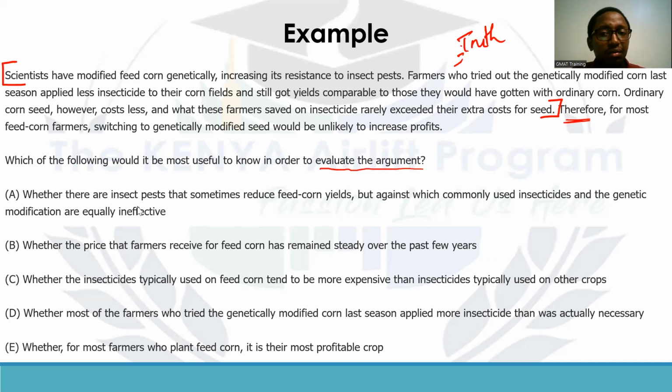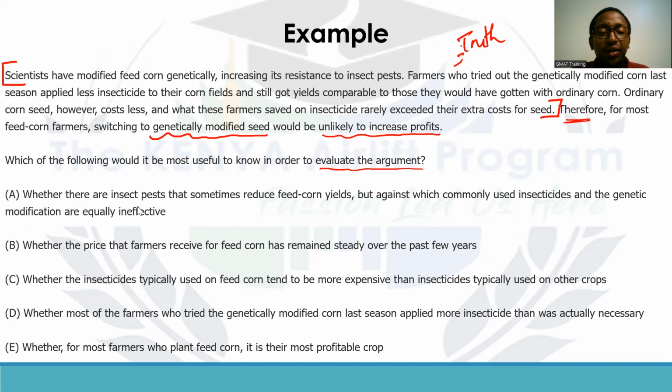which is basically talking of switching to the genetically modified seeds will not increase profits, or is not likely to increase profits. Remember to use the author's words and not to paraphrase.